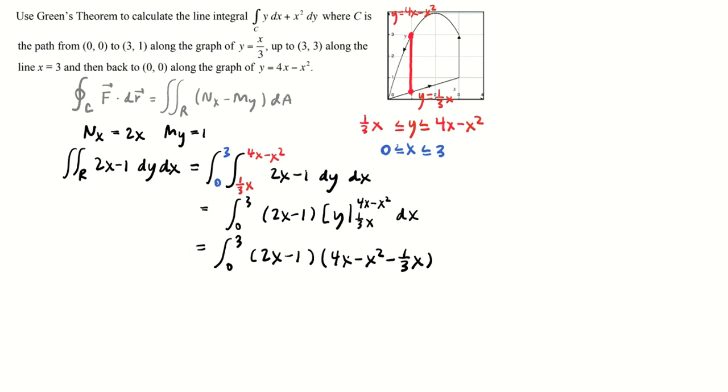That's going to be 11/3. And then I'm probably going to distribute that. Let's say, all right, 22 over 3 x squared.